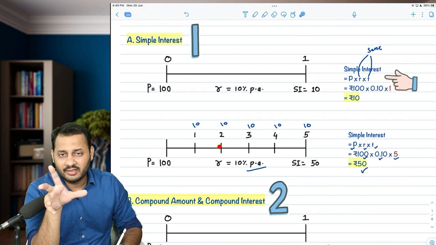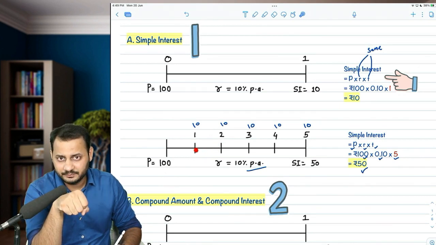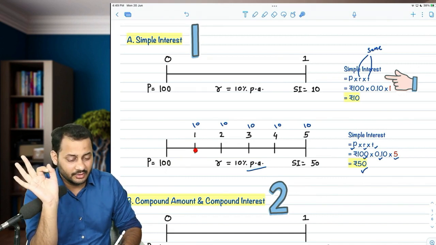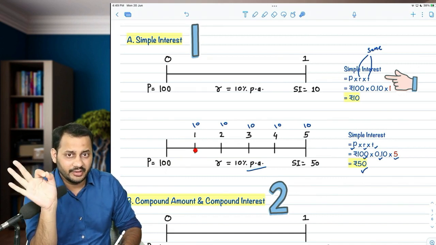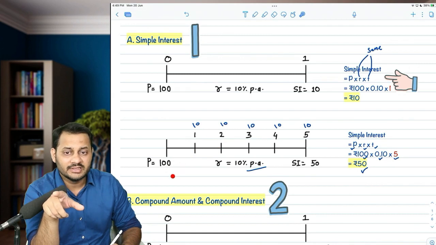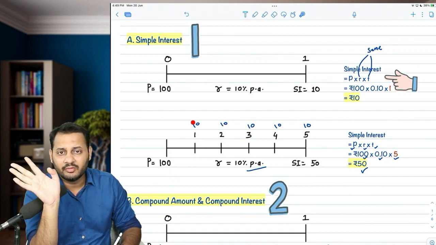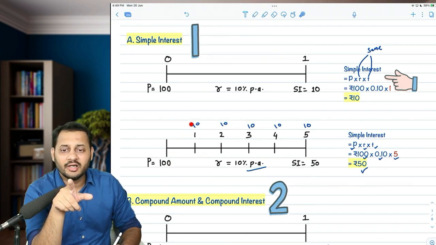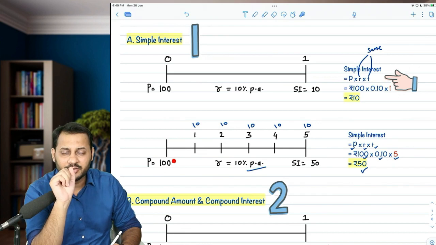So practically speaking, if they are not giving us 10 rupees, then please mark my words, they should pay interest on the second year, on the principal as well as the interest that they have kept from my earnings. So they should pay interest on 110 rupees and not just 100 rupees.